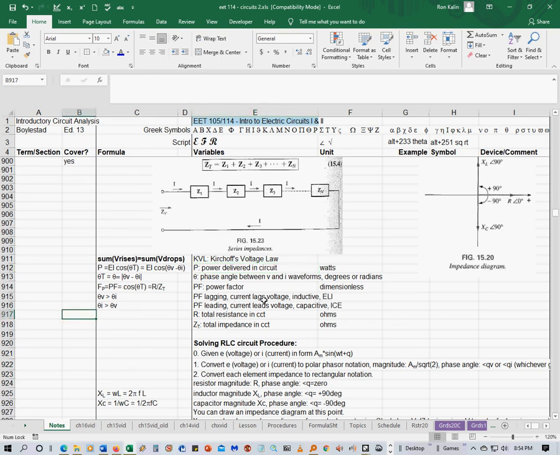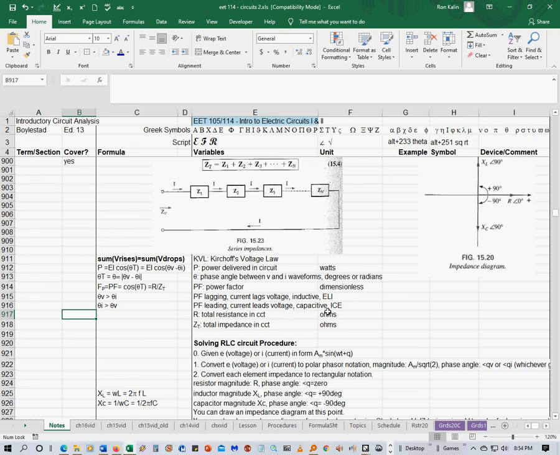Remember ELI the ICE man, so if you have the voltage leading the current, E before I, it's L, which is inductive. If theta I is greater than theta V, then the power factor is leading, which means the current leads the voltage.